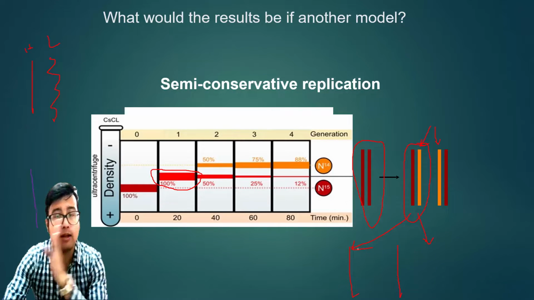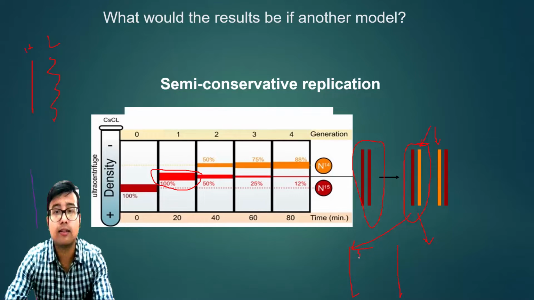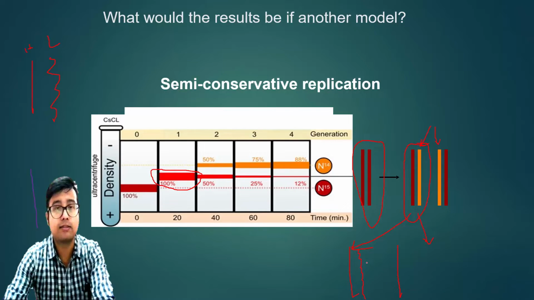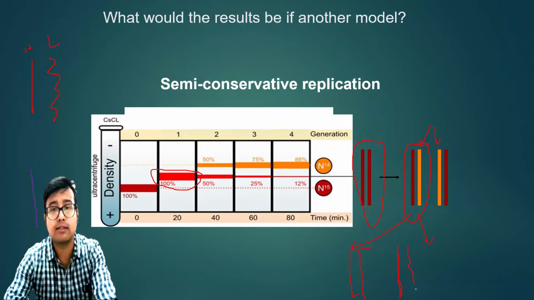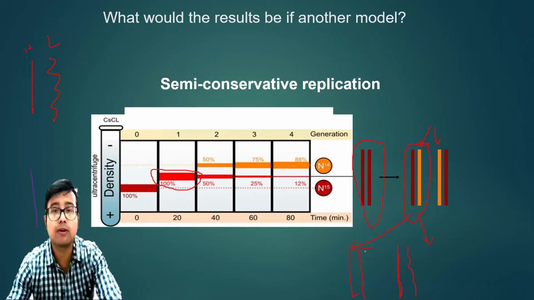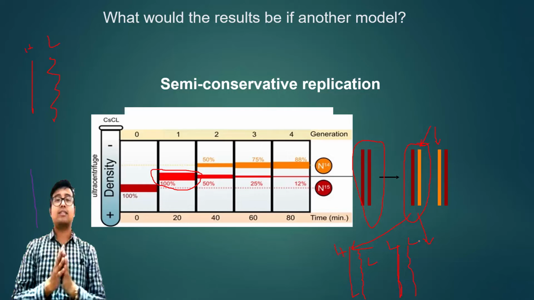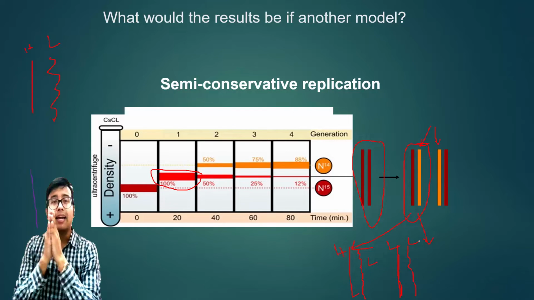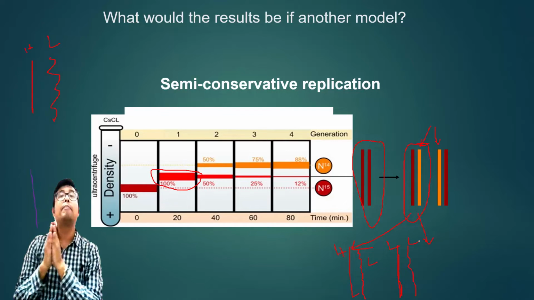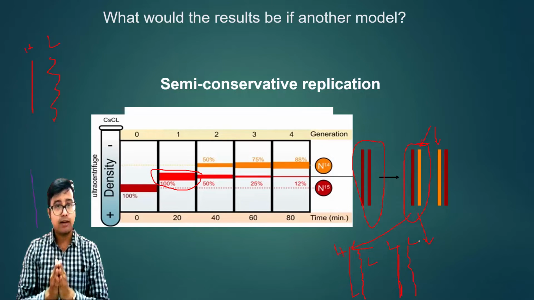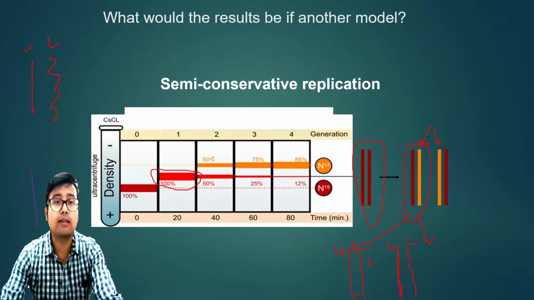So from N14, this will be synthesized, and from another N14, so this was light already, this is synthesized. You get my point? So this one is heavy, this one is light, this one is light, and this one is light. So in the second generation, what will happen? There will be one intermediate band and one completely light band, right? So that is what is happening.